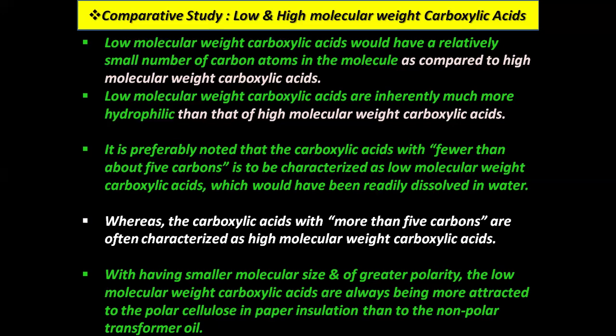Whereas carboxylic acids with more than 5 carbons are often characterized as high molecular weight carboxylic acids. With smaller molecular size and greater polarity, the low molecular weight carboxylic acids are more attracted to the polar cellulose in paper insulation than to the non-polar transformer oil.